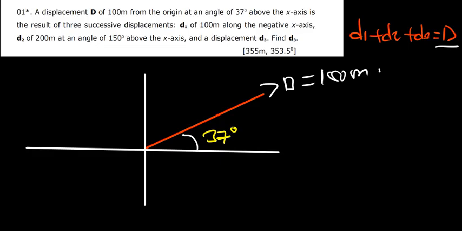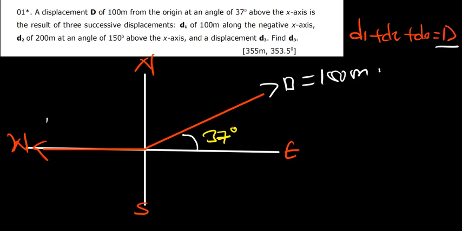When we say the vector lies along the negative x-axis, it is the same as when they tell you that this is north, this is south, this is east, and this is west. So if they're talking about the negative x-axis, you know that it is this line here. So the angle in this line is 180.